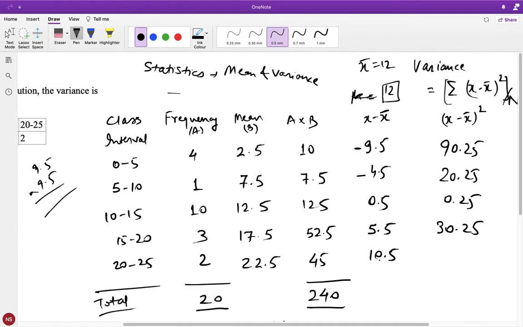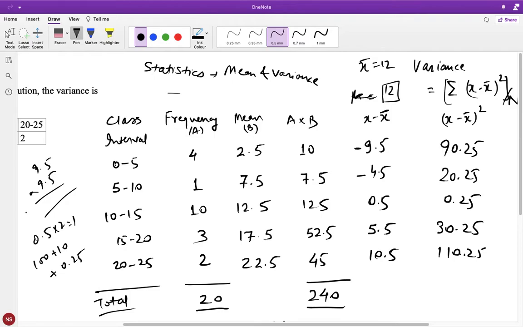Similarly, 10.5 square is 10 square, 100, plus 2 into 10 into 0.5, which is 10, plus 0.5 square is 0.25. So 110.25.